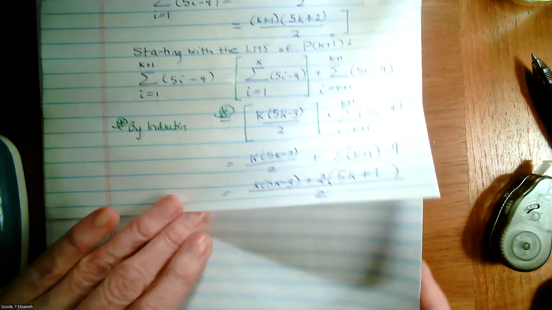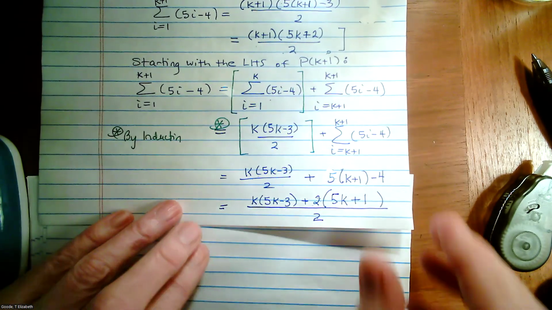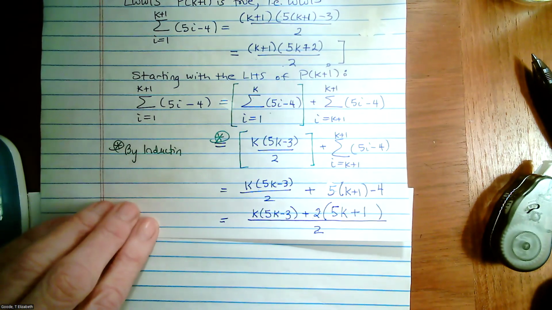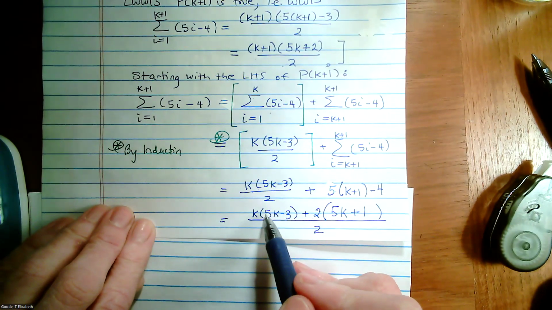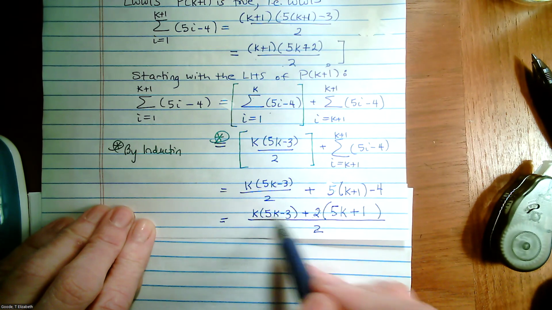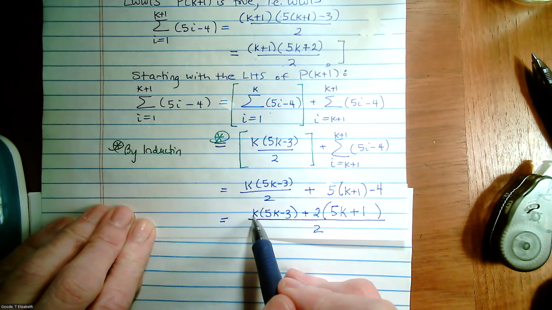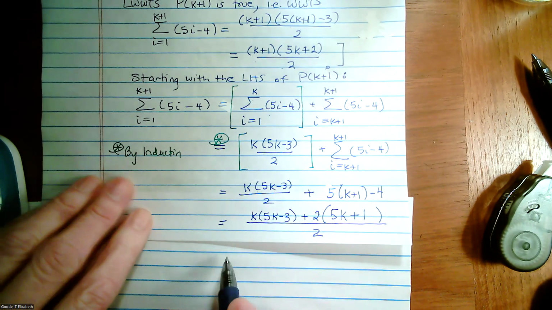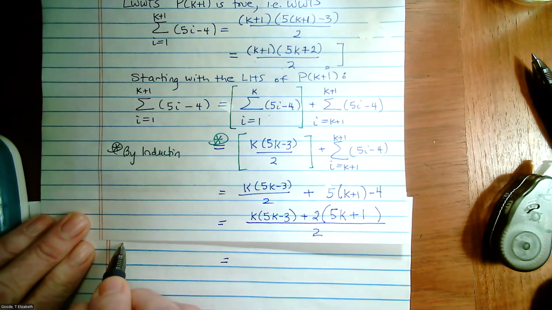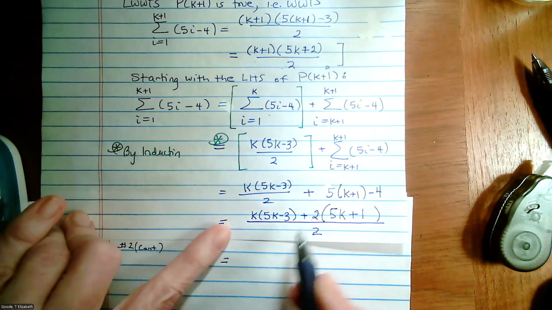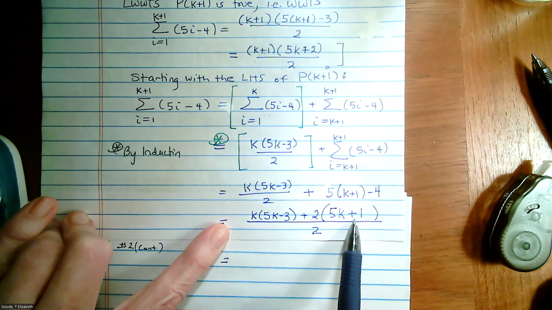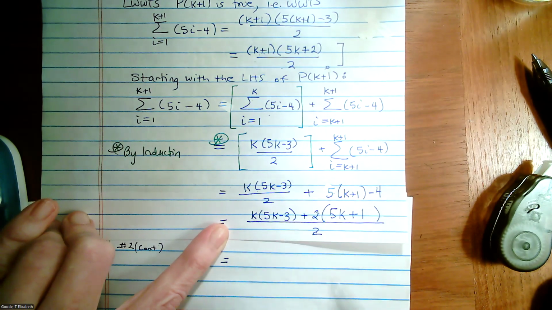Great. Are you seeing now that you're going to be able to get to this? Yes. This is one of those where you're going to have to go ahead and distribute. So this is number 2 continued. Sometimes we can just factor out, like, wouldn't it be nice if we could factor out a k plus 1 from this term and this term, but there isn't a k plus 1 available, right?